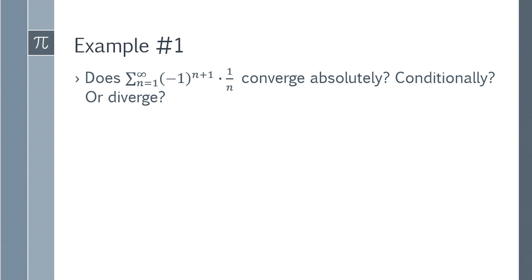So if we look at the series, n goes from 1 to infinity, of -1 to the n plus 1 times 1 over n, and I'm just asked, does this converge absolutely, conditionally, or does it diverge? So I first check absolutely. We'll always check absolutely first.